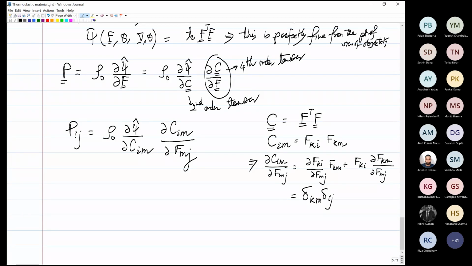Then only it gives you 1. Otherwise it is 0. Because it's the product of two Kronecker deltas multiplied by Fkm plus Fki into delta km into delta mj.